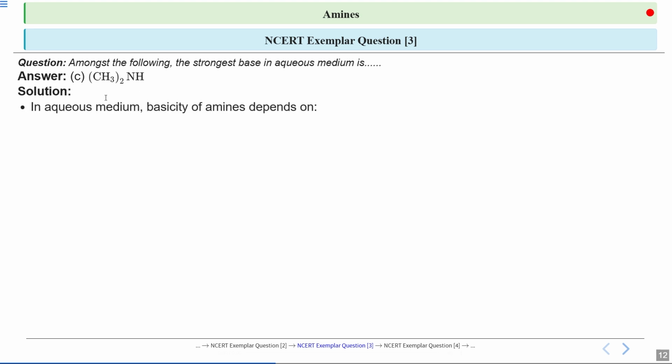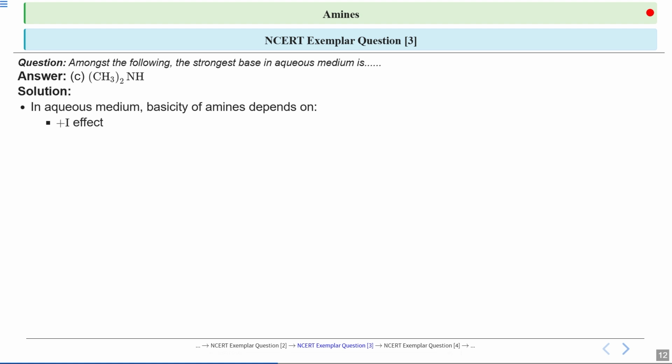groups. Now if we see, in water, amines are more basic if their groups add electron density, which makes them easier to donate electrons. Okay. So if we see in aqueous medium, what does the basicity of amines depend upon? First, it depends upon the plus I effect.